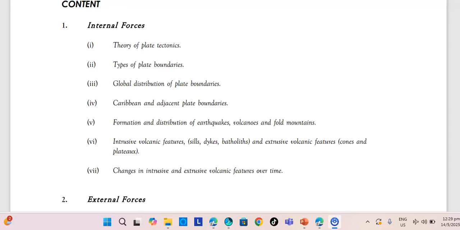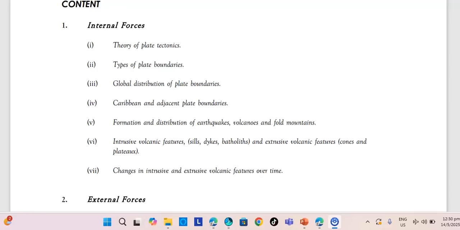Now we're going to look at what are the types of plate boundaries. There are three main types of plate boundaries, and each one describes how the plates move. For the first type of plate boundary, I want you to think about the phrase pulling apart.